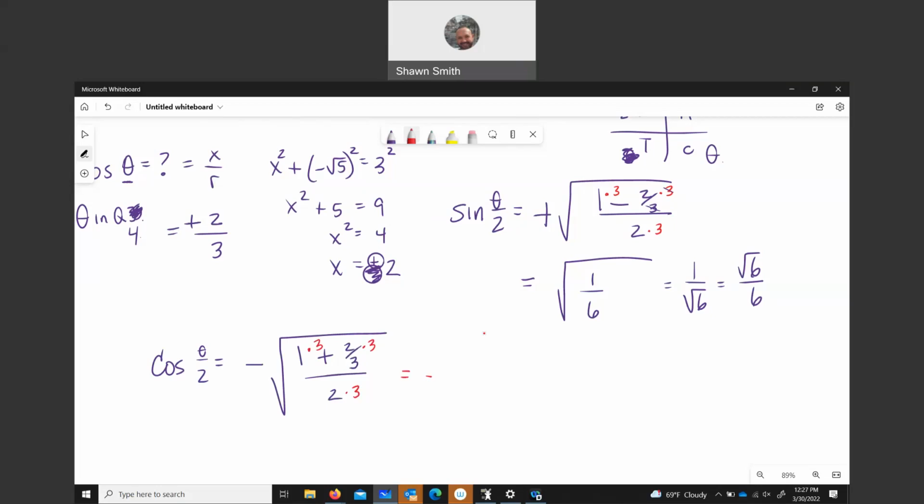So we got now the negative of the radical. 3 plus 2 is 5. 6 in the bottom. And that rationalizes to negative square root of 5 over the square root of 6, rationalized, negative square root of 30 all over the 6. Don't cancel the 30 and the 6. The 6 is on the outside of the radical. Can't cancel with things on the inside.